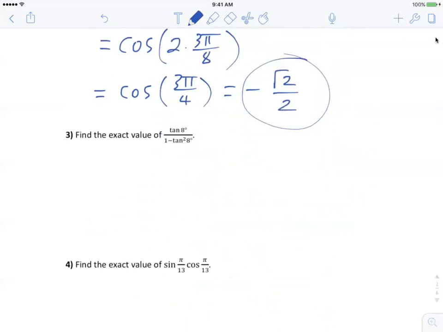So the identity is tangent 2A equals 2 tan A over 1 plus tangent squared A, right? Oh, sorry, minus.